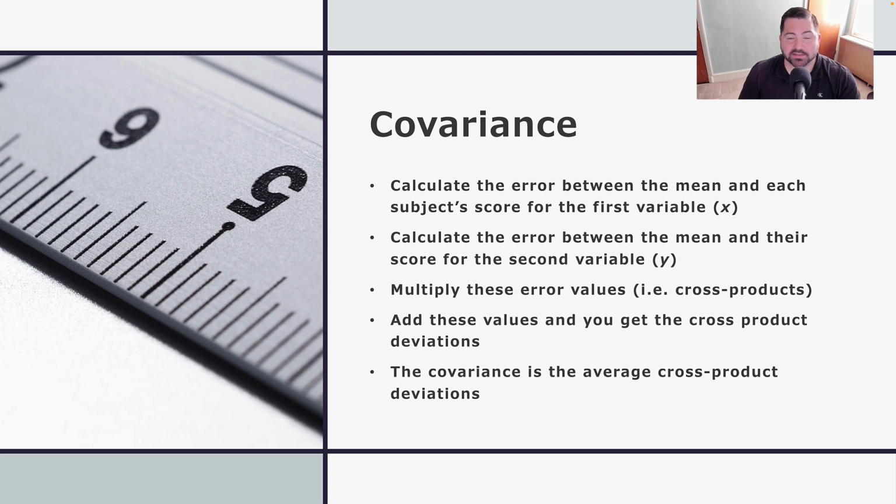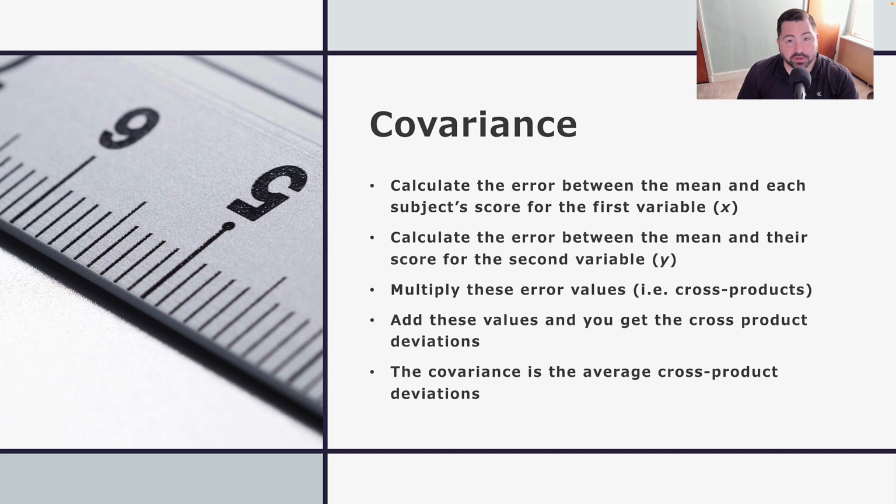Okay, and so what it is, it's taking the deviance of all the scores for each person, a person's deviance for X and the person's deviance for Y, multiplying those deviances by each other, and you're getting the cross product for that person. And so when you do that, you can add up all the cross products for all the participants in your sample, and you can get the sum of the cross products.